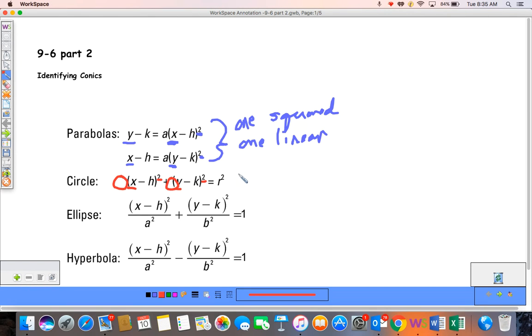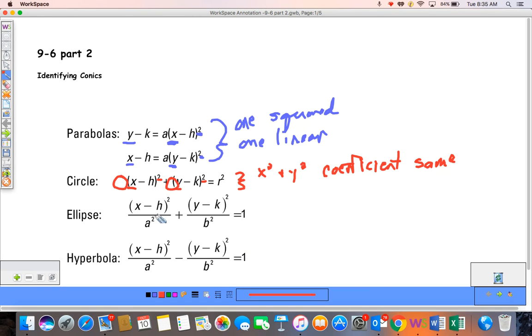So for this one, you're going to have an x squared and a y squared, but their coefficients are going to be the same. I'm going to tell you they're mainly going to be 1, but they could be both 9x squared and 9y squared. Not sure you're going to see that a lot, but it could.